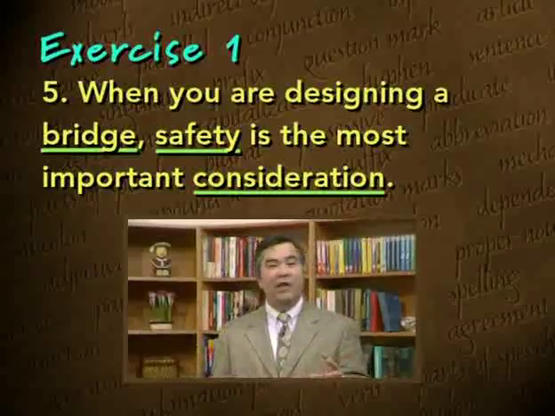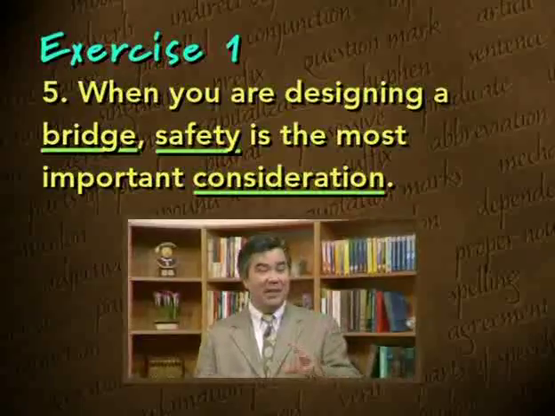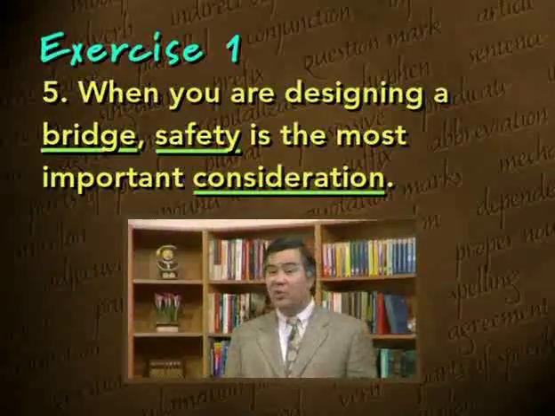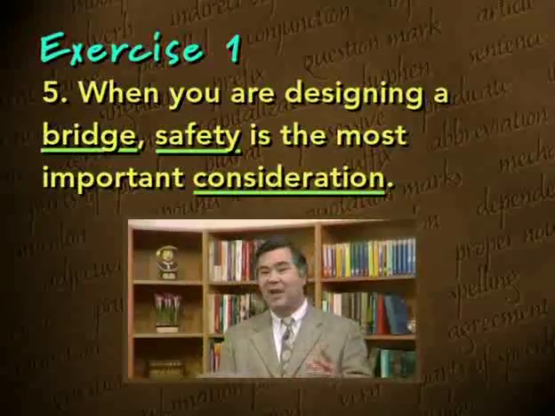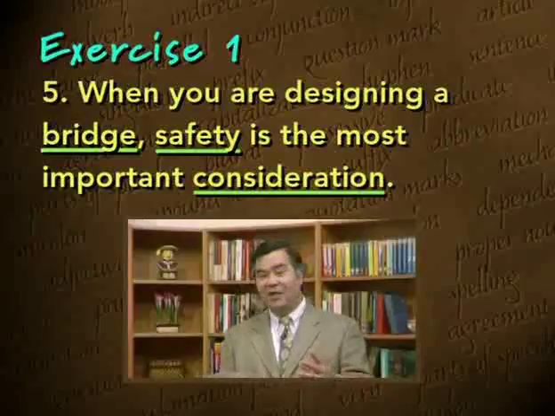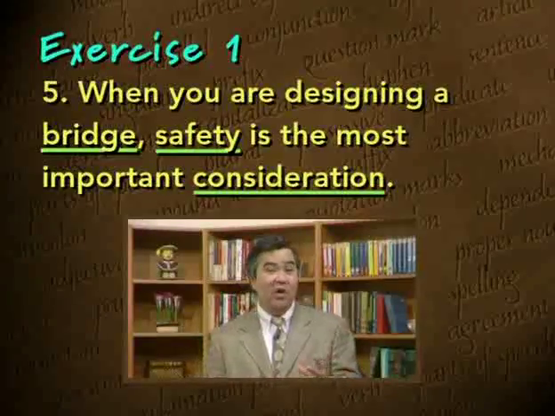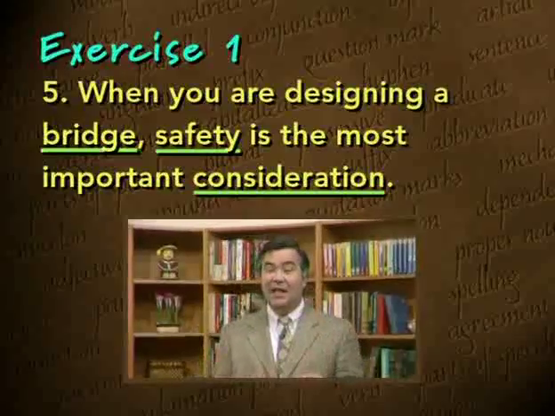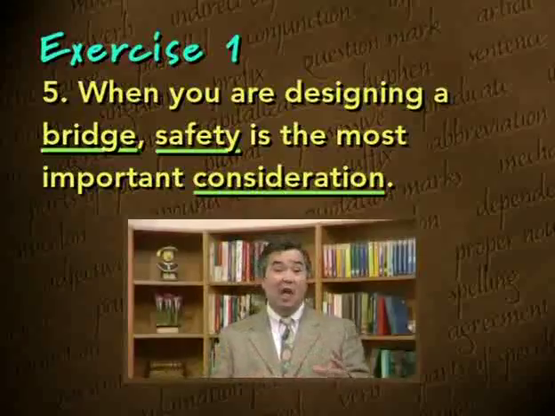Nouns very often refer to concrete physical things, things that can be seen or perceived with the senses, but remember that nouns can also refer to ideas. And safety and consideration are both ideas. They're things that you can't see or lay your hands on. No one can point to or touch something like safety. Instead, it's an idea in the mind, but it is used in the same ways as any other noun.